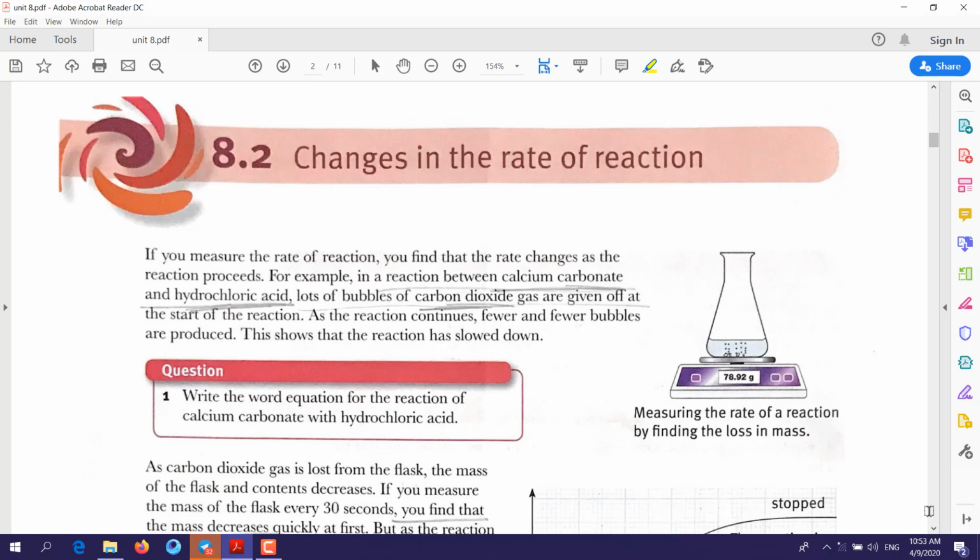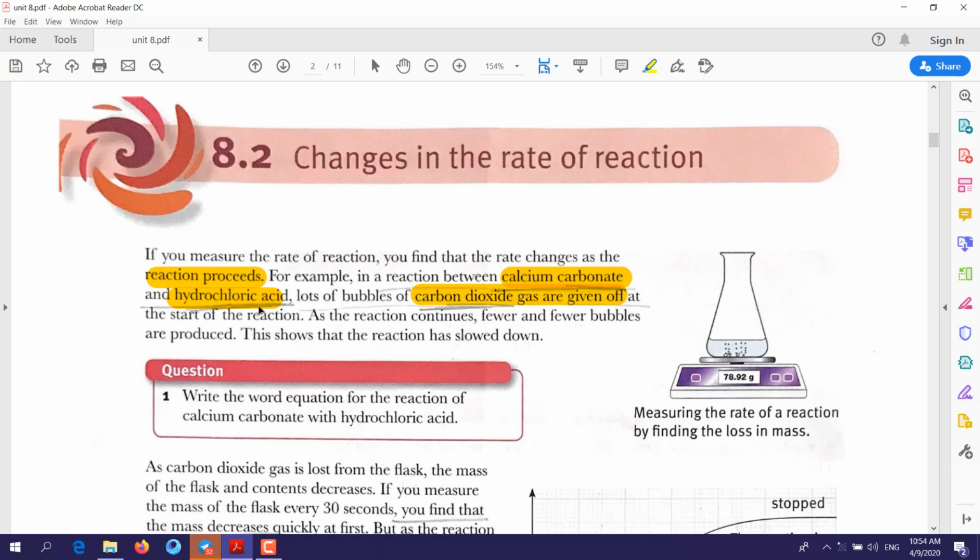8.2, changes in the rate of reaction. The rate of reaction will change. For example, if you measure the rate of reaction, you find that the rate changes as the reaction proceeds. For example, in a chemical reaction between calcium carbonate and hydrochloric acid, we have acid plus carbonate, so carbon dioxide gas will be given off.